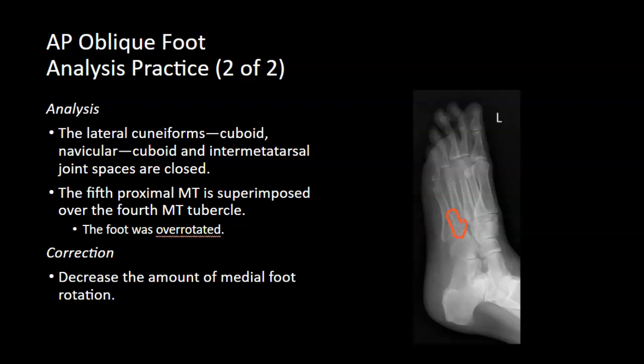And what is happening here is that the 5th metatarsal is superimposing over that 4th metatarsal tubercle again. So this indicates that the foot was over-rotated. We need to decrease the amount of obliquity of the medial foot rotation.